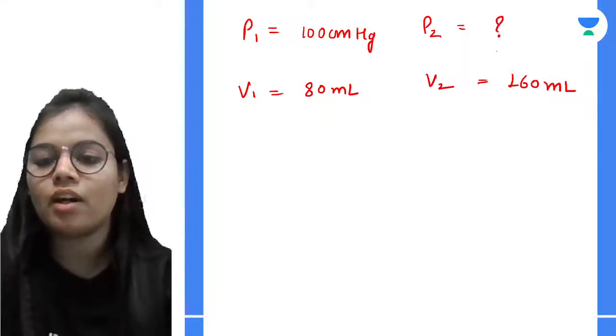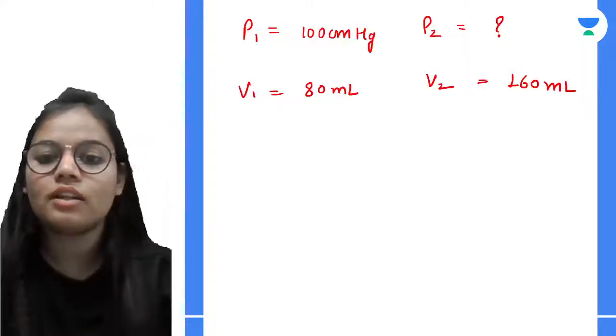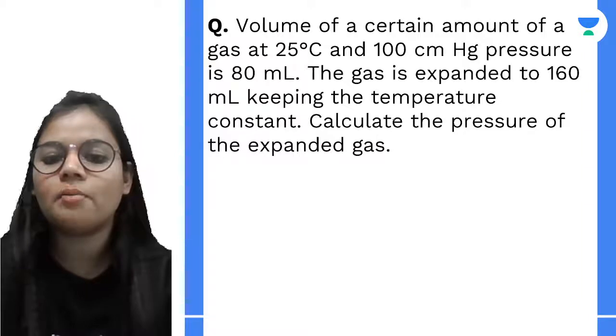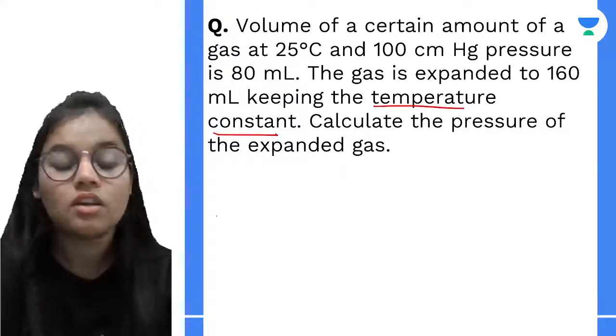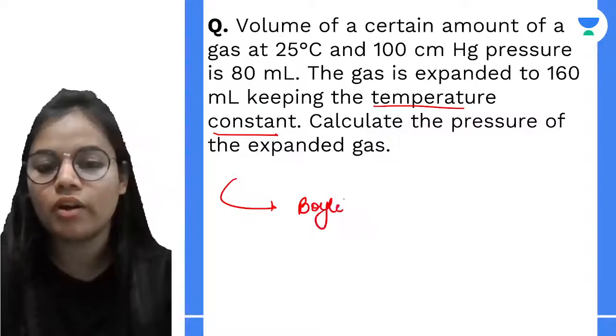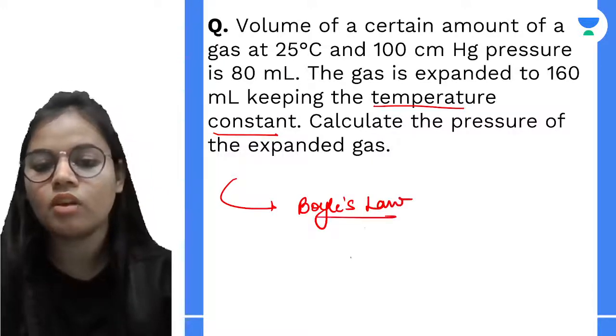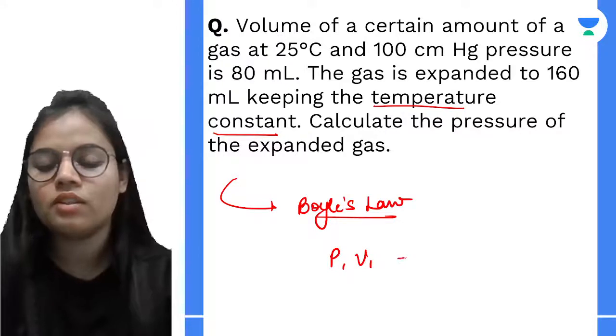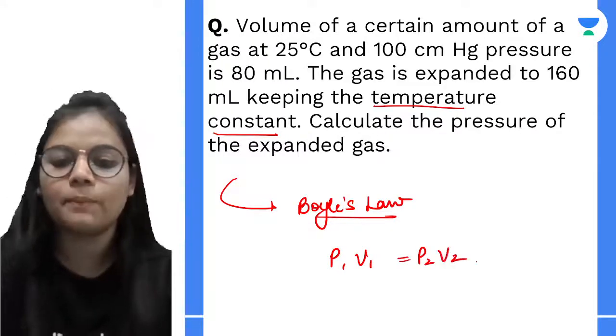The condition given is that the temperature is kept constant. So if temperature is kept constant, what law are we using? Boyle's law, which says P1 V1 = P2 V2.